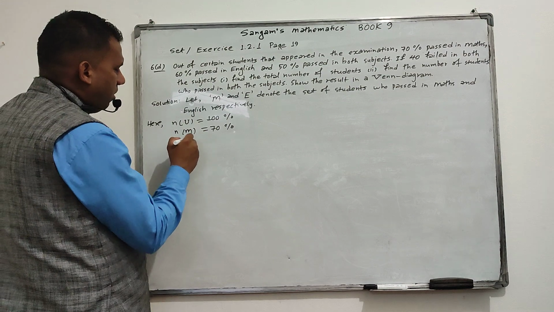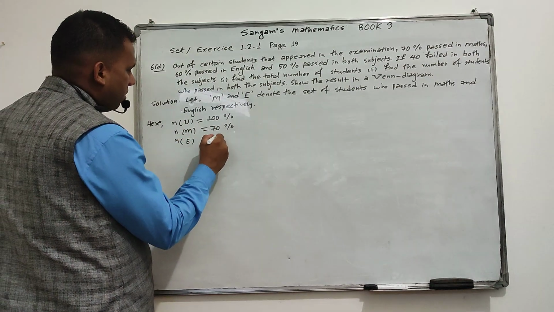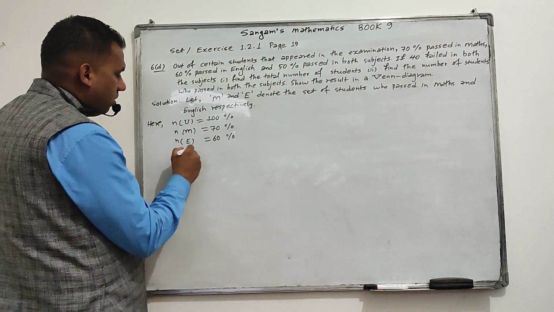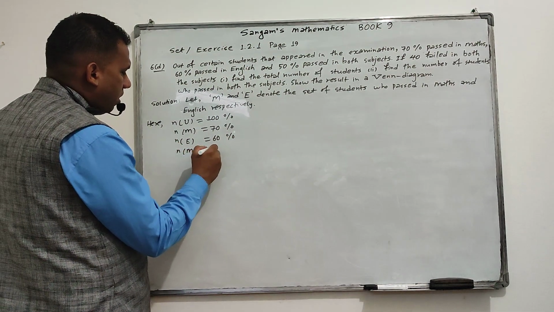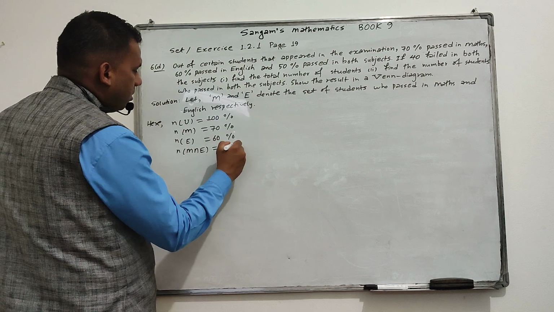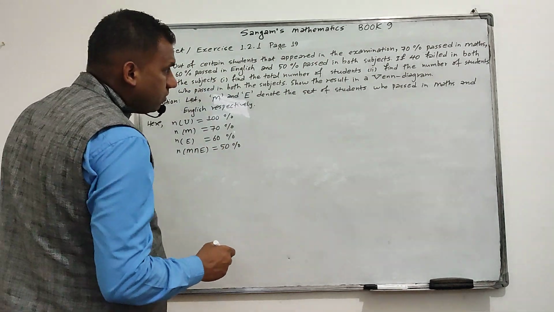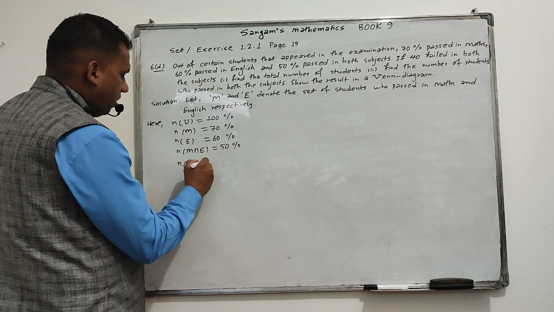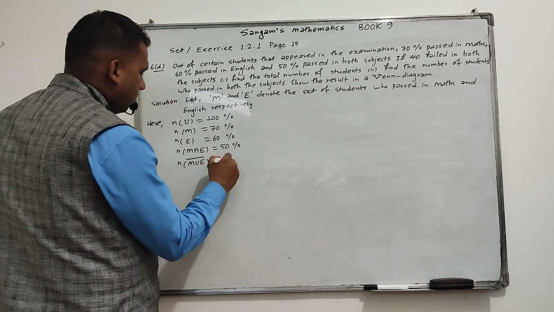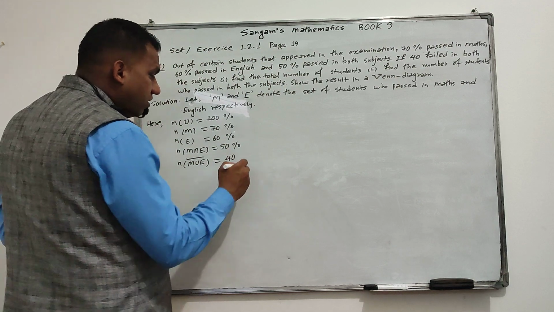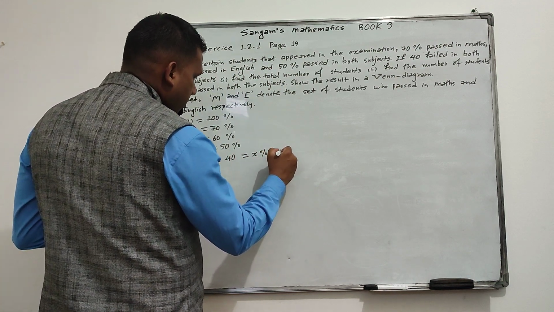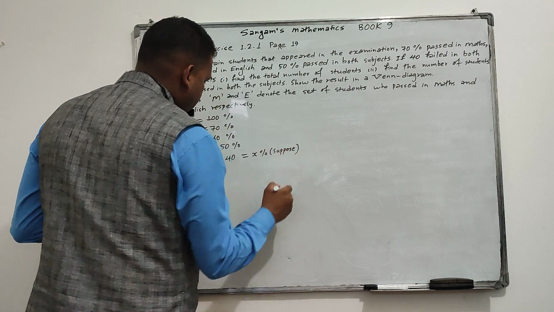Number of E is 60%. 50% passing both, so number of M intersection E is 50%. 40 fail in both, so number of (M union E) complement equals 40. This equals X percent, suppose in percentage.